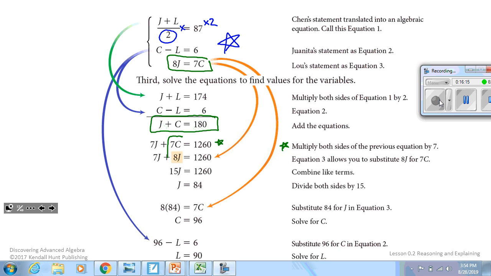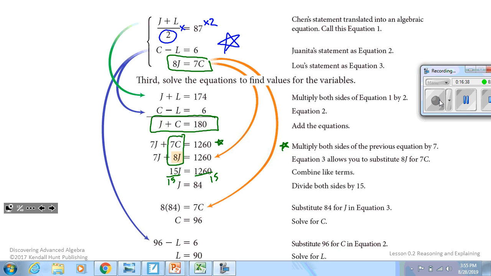So I'm just going to replace 7C with 8J. So I have 7J plus 8J equals 1,260. Now what can I do? I can solve for J. 7J plus 8J, combine like terms to get 15J equals 1,260. Divide both sides by 15, and I get J equals 84.